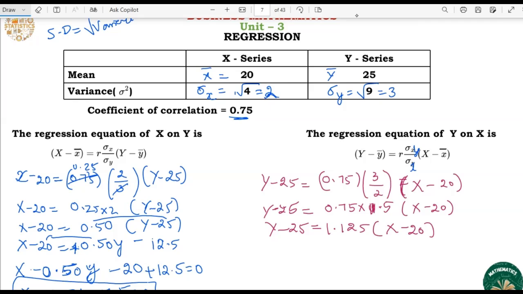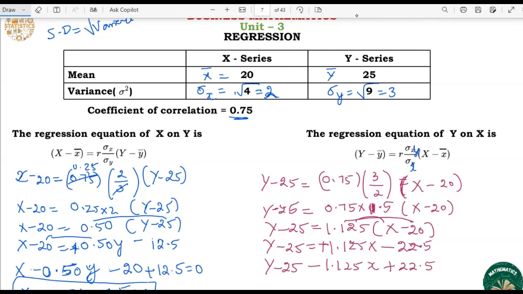So remove the bracket: y minus 25 equals 1.125 multiplied with x, minus 1.125 into 20, that will be 22.5. So here it will be y minus 25. If you take all the terms to the other side, plus becomes minus, it will be minus 1.125x plus 22.5 equals 0.